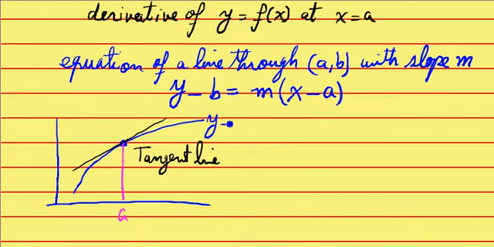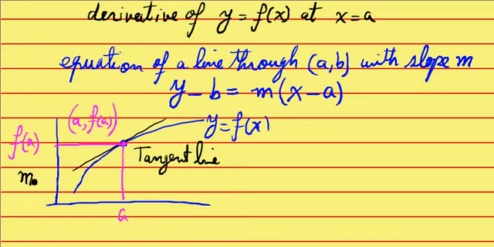Remember, the function was f of x, so its y coordinate here is f of a. This point is a point with coordinates a and f of a. You have to get used to the idea that the height of a point on a graph is just f of a. Now how about the slope of this line? That is just the derivative. m is equal to f prime of a.